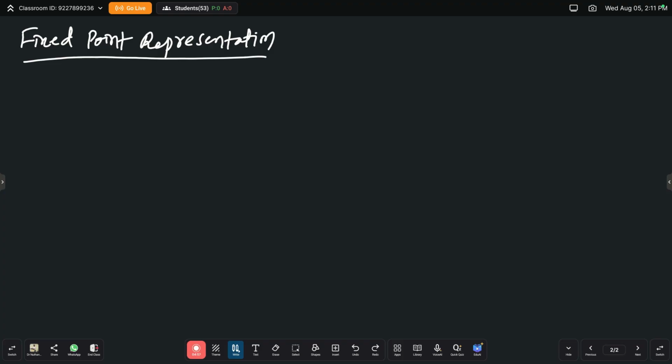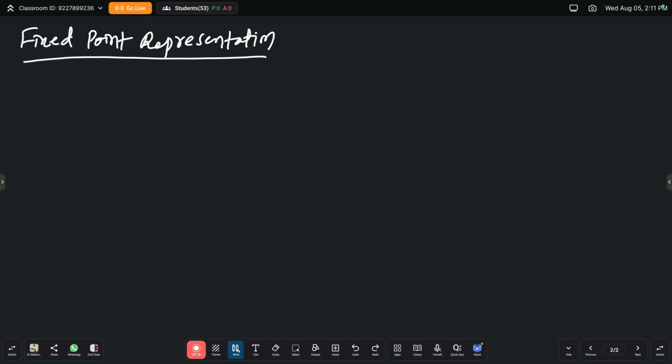After the decimal point, the portion is called the fractional part. Before the decimal point, the portion is called the integer part.